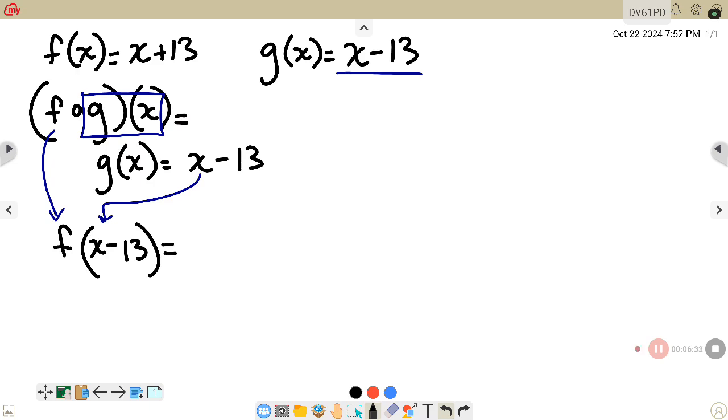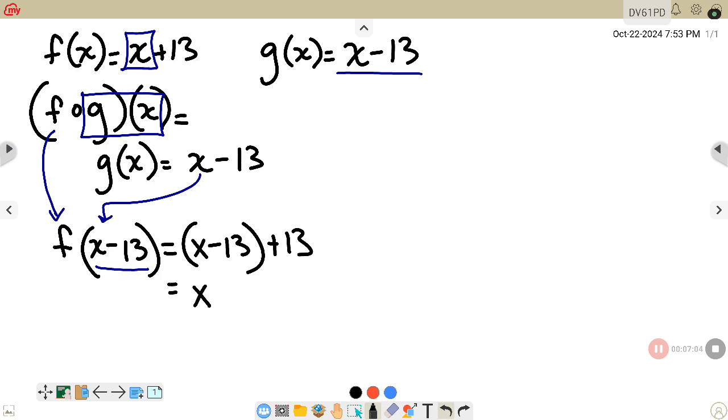So what that's telling me is to go to my f function, and you're going to replace the x with what is in that parentheses, which is x minus 13. So instead of writing x plus 13, I replace the x with x minus 13, and then have the plus 13. And that minus 13 and plus 13 just cancel, so I am just left with x.